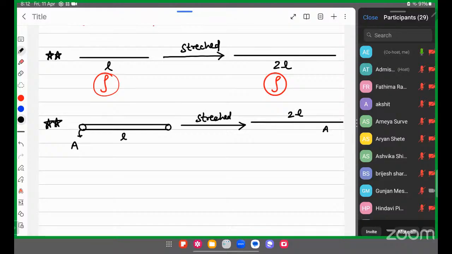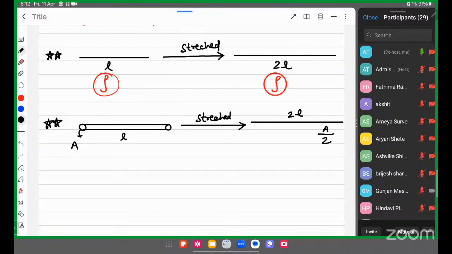If we are stretching the wire, we are not cutting the wire. In that case, if wire is stretched, length will be doubled and area of cross section will be decreased by the same factor, which means this will be A by 2.